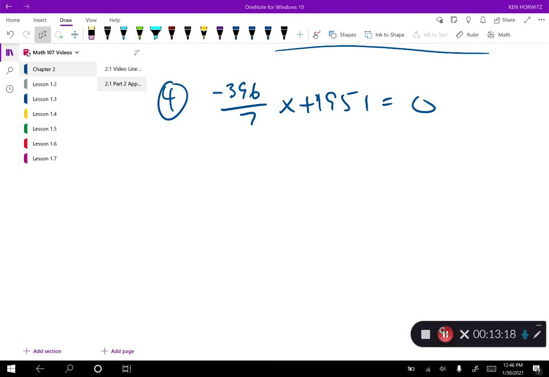Okay, so if you subtracted 1951, I get negative 396 divided by 7x equals negative 1951.